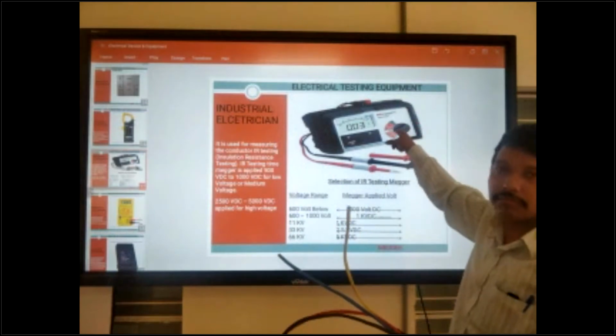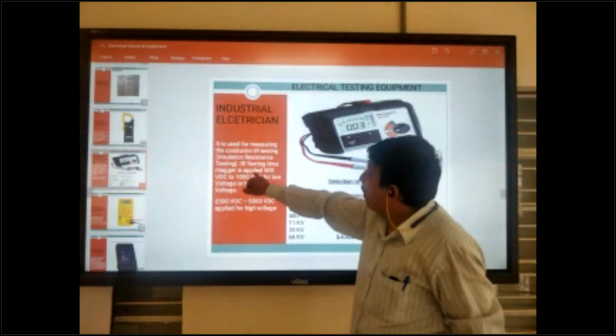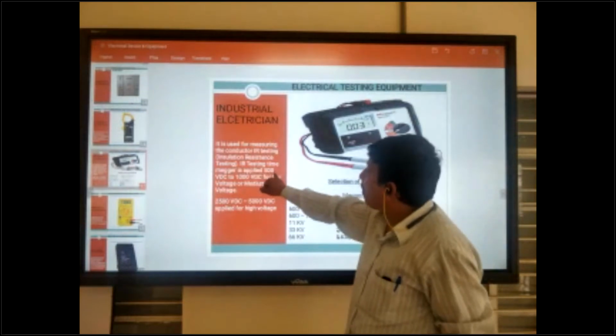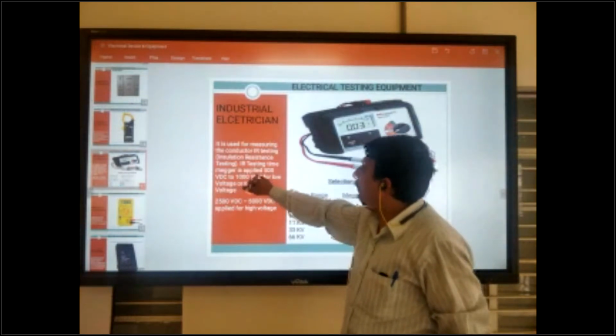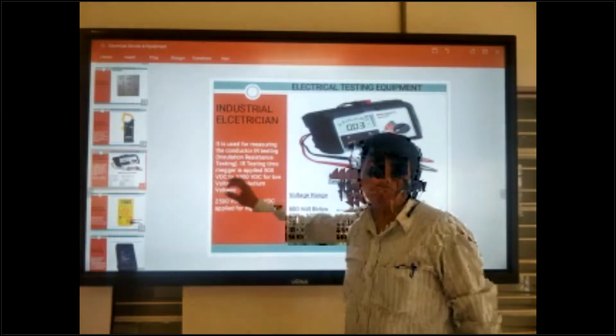For IR testing, the megger applies 500 volt DC to 1000 volt DC for low voltage or medium voltage.